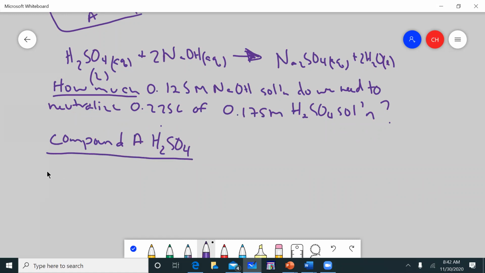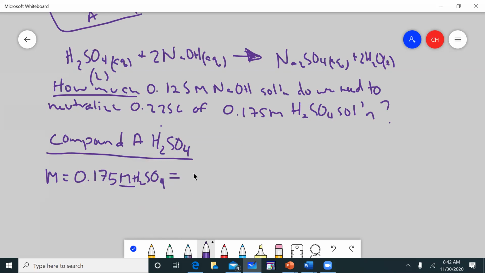My molarity is equal to 0.175 big M of H2SO4. Now with solution stoichiometry, we're doing dimensional analysis. So molarity written like this is not very useful. So I'm going to change this into moles per liter.